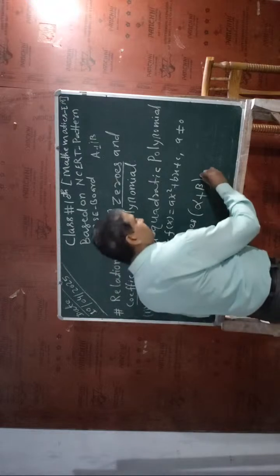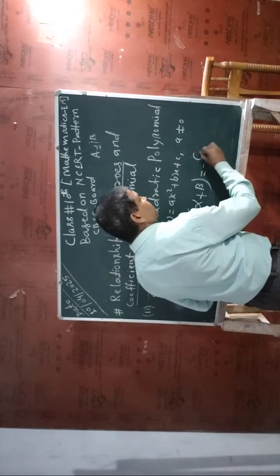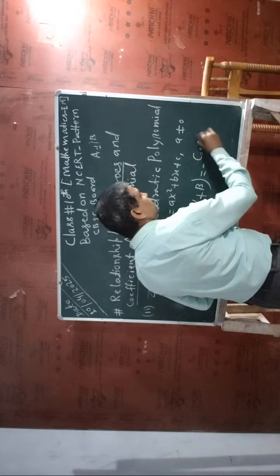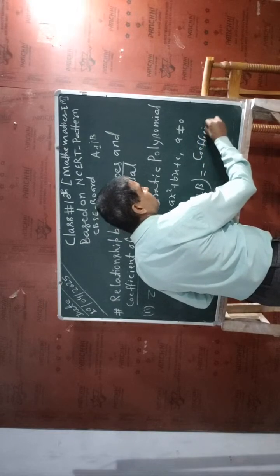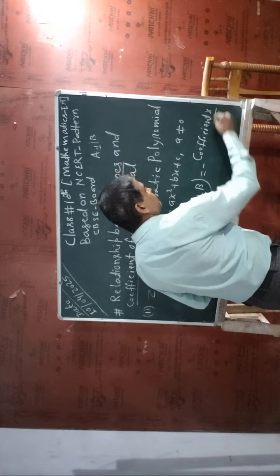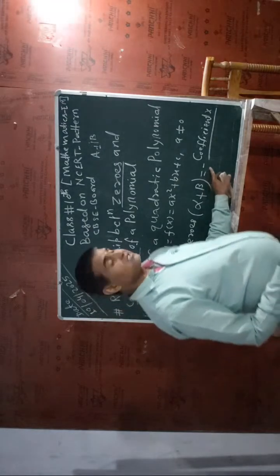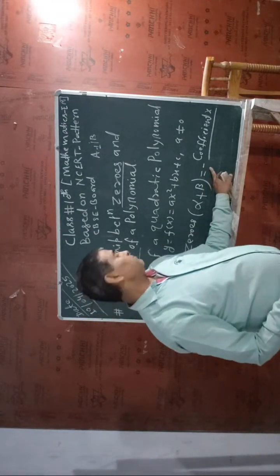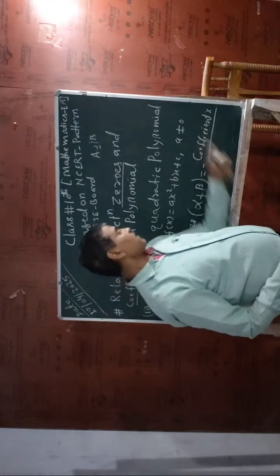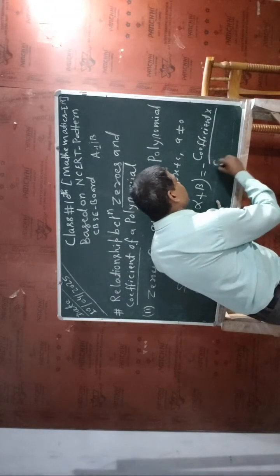It will be minus coefficient of x divided by coefficient of x square. Minus is written in the formula. This is the concept and we have to remember it.